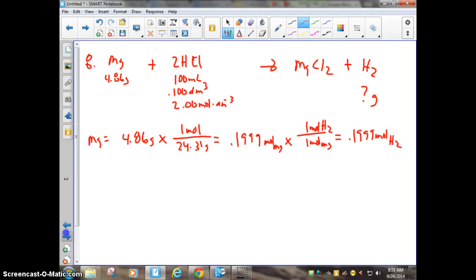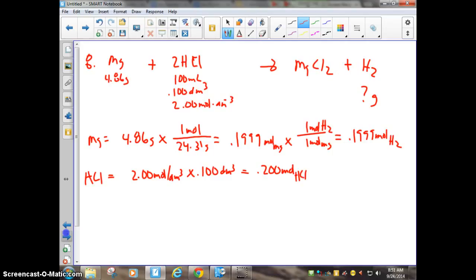And now I need to compare that with what I would get from HCl. HCl, I have 2 moles per decimeter cubed, but only a volume of 0.100 decimeters cubed. So I have 0.200 moles of HCl.